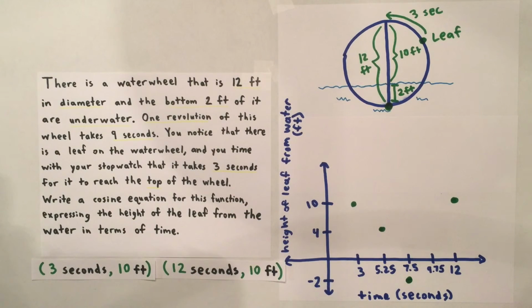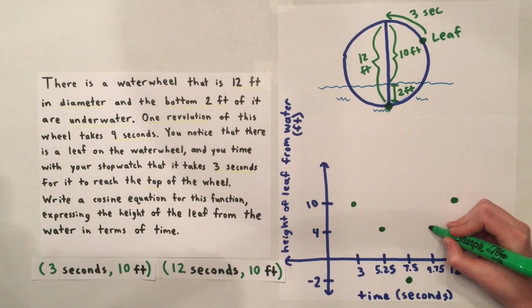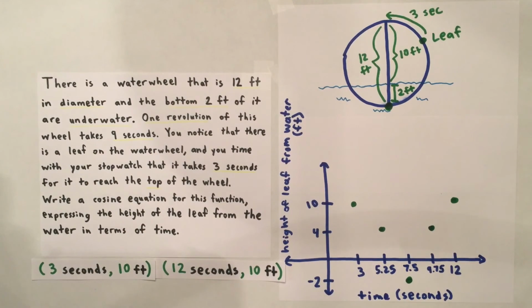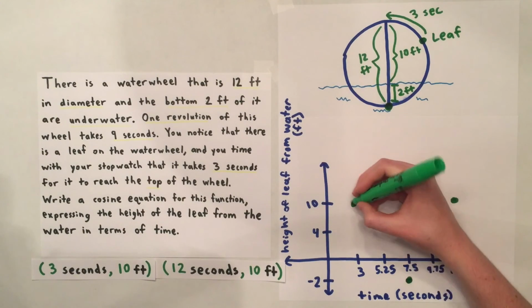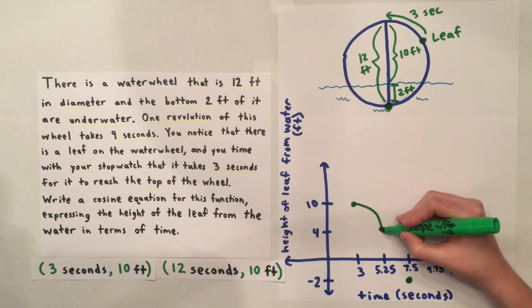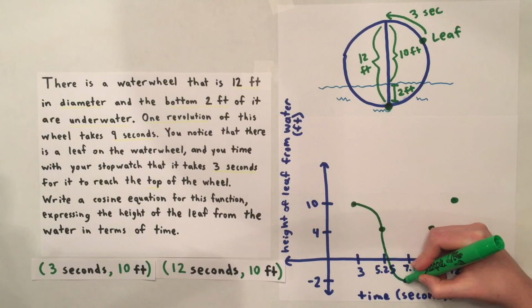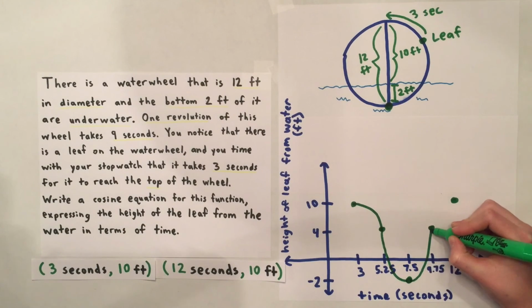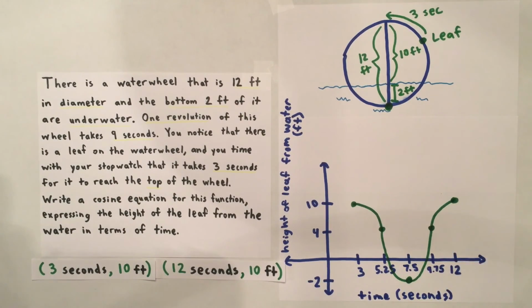So, we add 10 and 2 and divide by 2, and we get a y value of 4. So, we can plot the point 9.75, 4 on our graph. And now that we have found these defining points, we can connect them. And we see we have graphed a whole period of this specific cosine function.